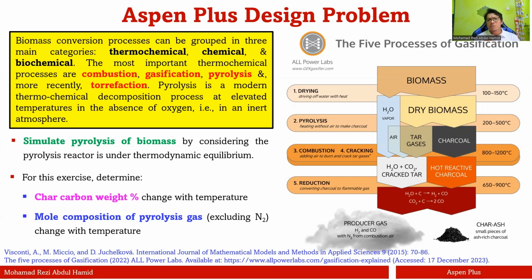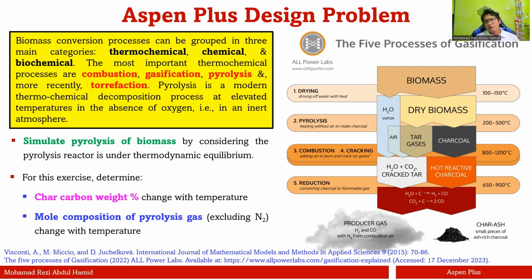The second one is basically the chemical processes, where maybe the lignin or maybe hemicellulose is being converted chemically to become something else. And then biochemicals, probably where you use a biocatalyst or maybe enzyme to convert all of this lignin, hemicellulose, cellulose into sugar, sucrose, stuff like that. As I said, I'm not really an expert on this, but if I say something that is wrong, please let me know.